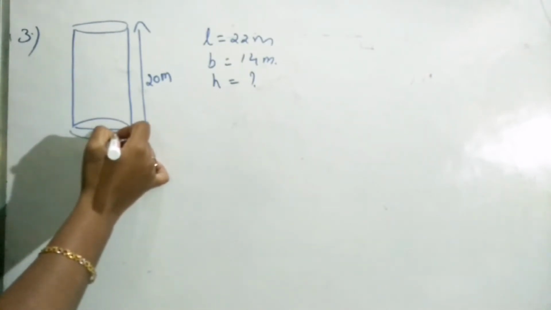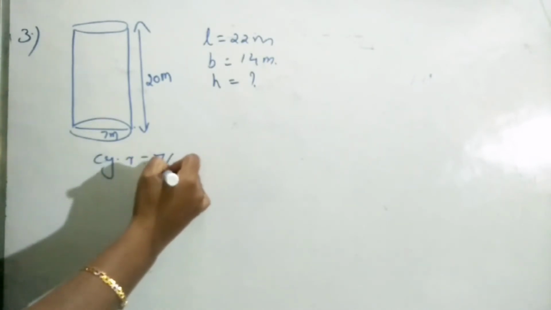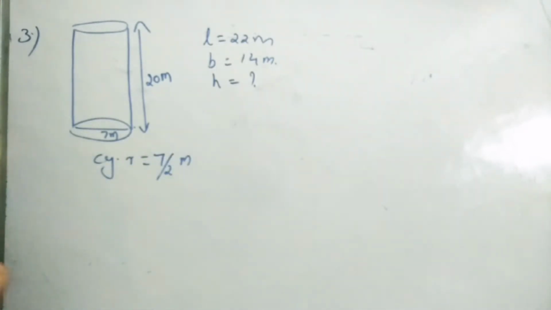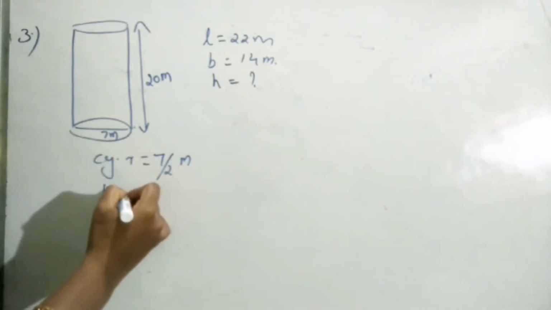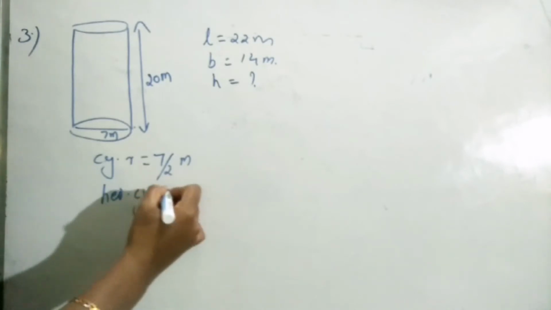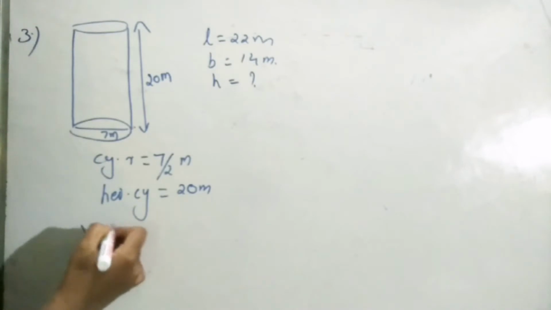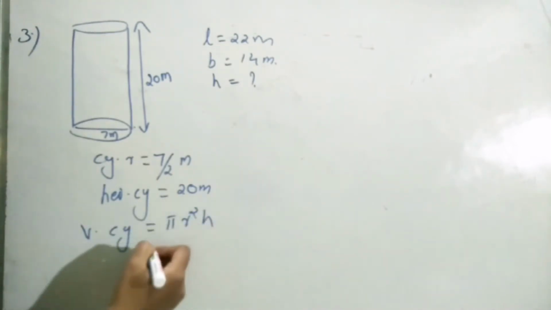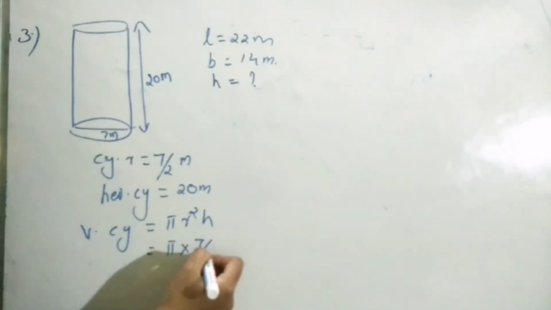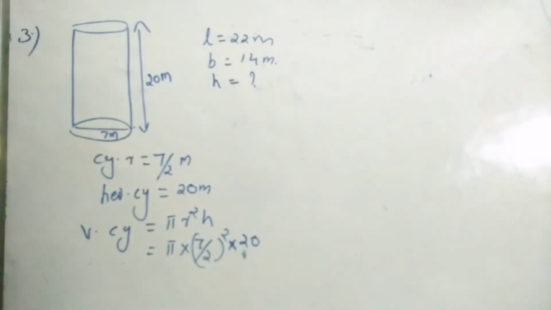Since diameter is 7 meter, cylinder radius is equal to 7 by 2 meter. And height of the cylinder is equal to 20 meter. It is given in the question. Now volume of the cylinder is equal to pi r square h, that is equal to pi into 7 by 2 all square into 20.